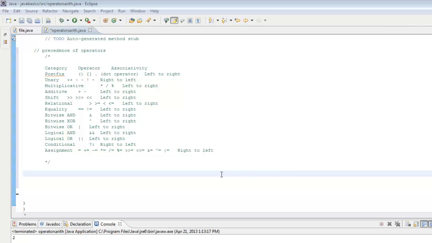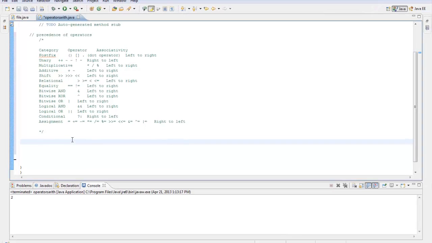So now let us see an important thing, which is the evaluation of expressions in Java. Suppose I have a single simple expression, int x is equal to 10 minus 5 minus 5. So what value does this generate?